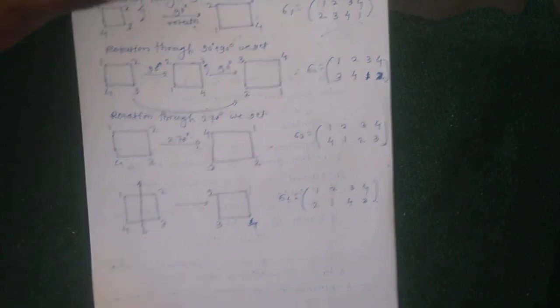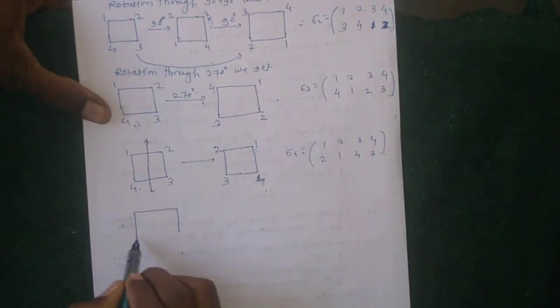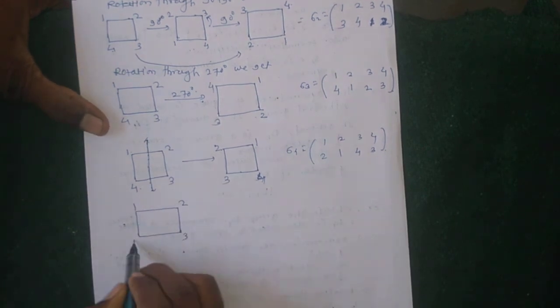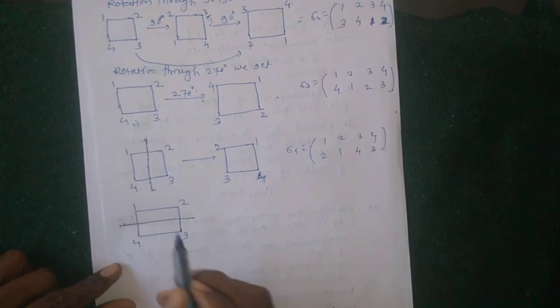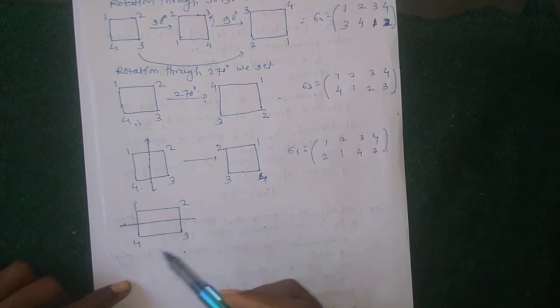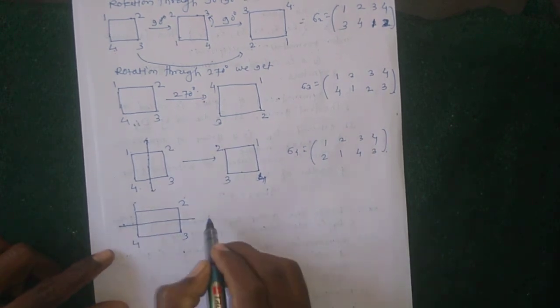Next, bisecting the parallel side, 4 and 3. Rotation 1 2 3 4, and this is bisected on this side. Then only the positions change: 1 is at 4, 4 is at 1, 2 is at 3 and 3 is at 2.